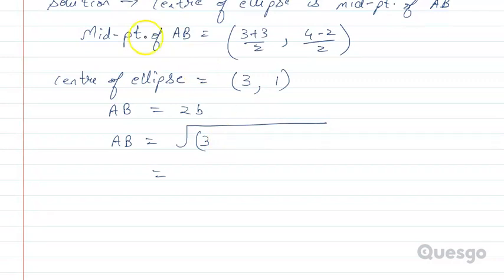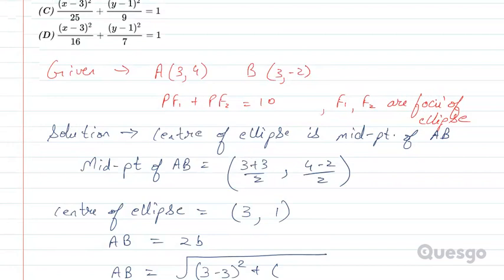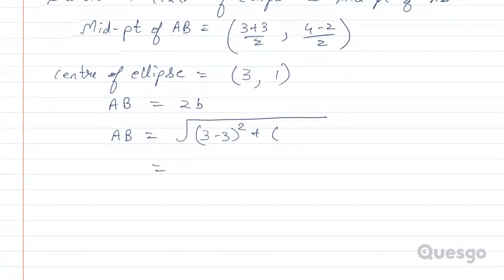So x2 minus x1, so (3 minus 3) का whole square आ जाएगा, then plus y2 minus y1, so 4 minus of minus 2 whole square. So this is under root of, ये तो 0 हो जाएगा, 4 plus 2 हो जाएगा, तो 6 square is 6. So distance AB is equal to 6, and from here we can see this is equal to 2b. So यहाँ से हमें मिलेगा b is equal to 3.